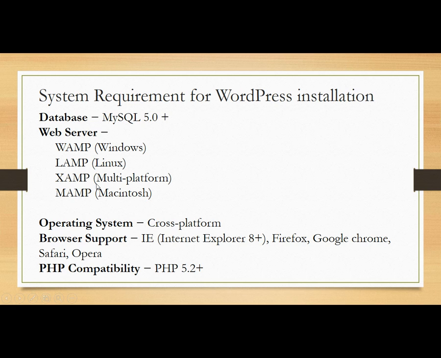Even if you have only Windows, you can also install XAMPP. For a pure Windows operating system, it provides WAMP. For Linux, it provides LAMP, and for Macintosh, it provides MAMP. But we are going to use XAMPP for installing WordPress.